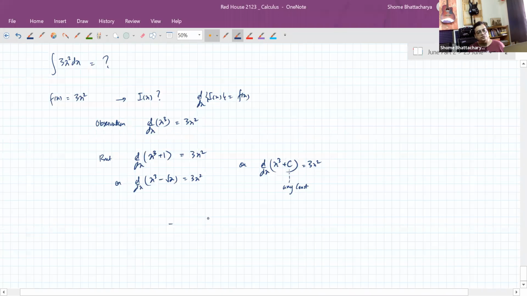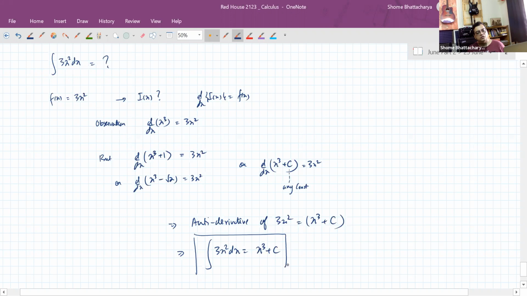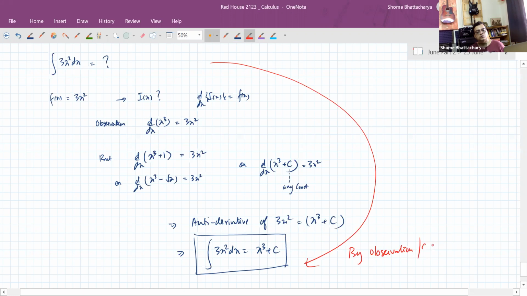That the antiderivative of 3x square should be equal to x cube plus c. So integration of 3x square should be equal to x cube plus c. This is more or less by guesswork, you can say. We have come to this conclusion by observation or basic guesswork. I mean, it's not a total fluke guess, but it's a sort of calculated guesswork.